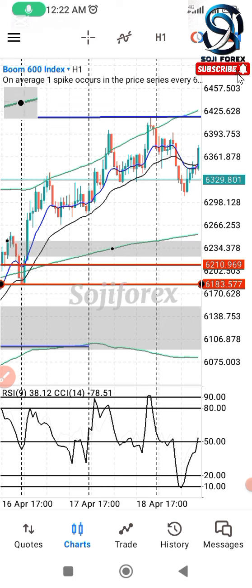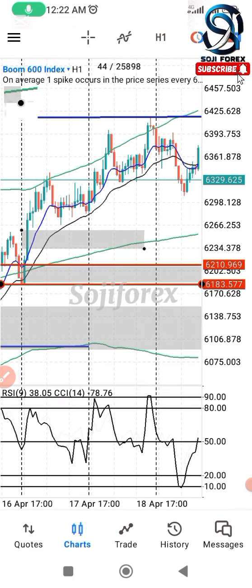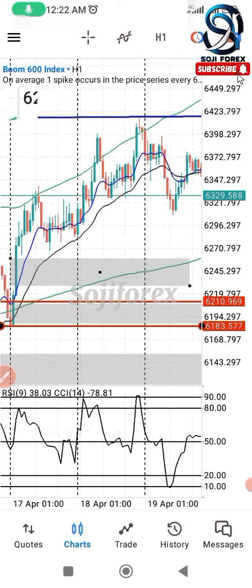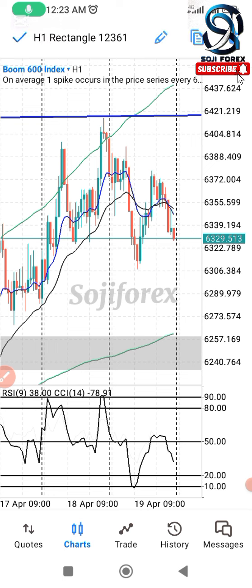That is the order block. Perfectly marked out. Then looking at it, there is also a fair value gap before that order block. And of course, that imbalance has not been filled with price. So you can see.